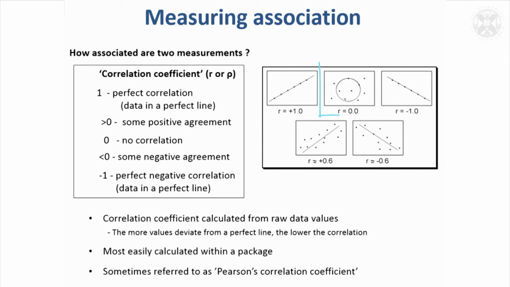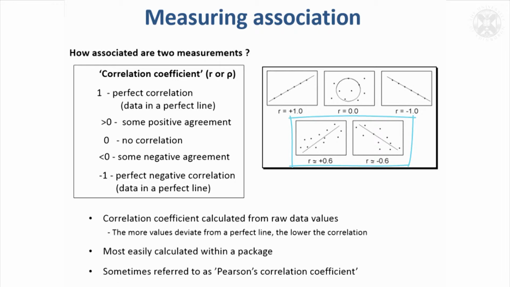If there was absolutely no relationship between them, then the correlation would be close to 0. If they were on a line sloping downwards, then the correlation would be -1. But usually you're somewhere in between.